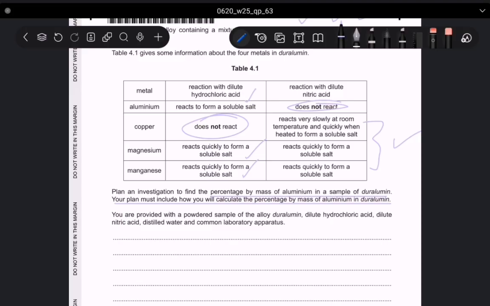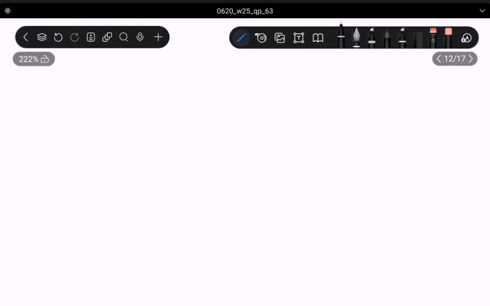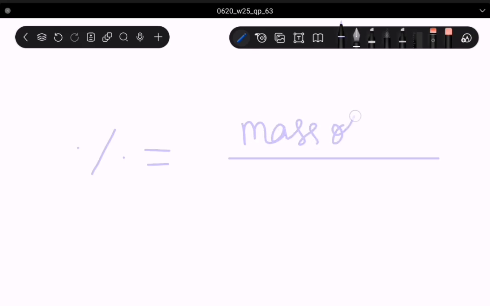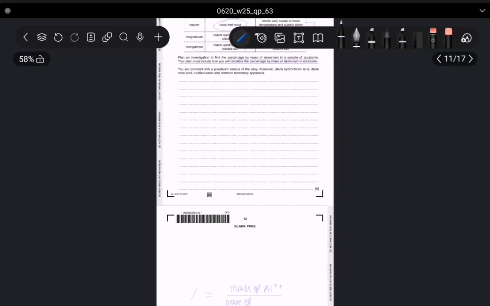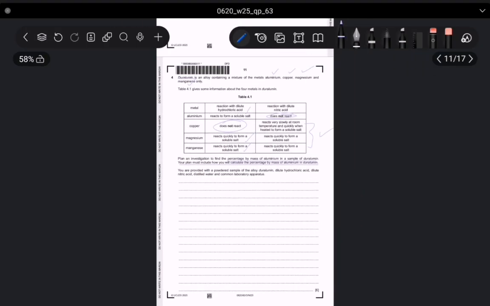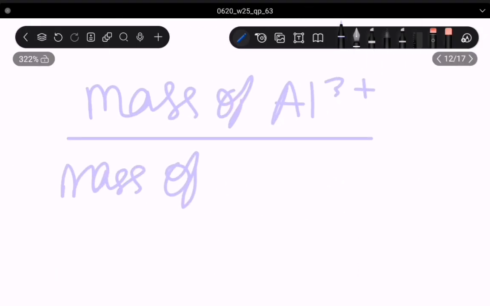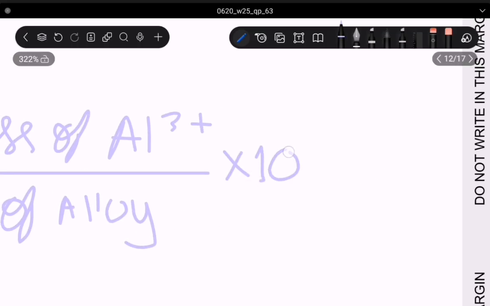After weighing it, how will you calculate the percentage by mass? Now there is a formula to calculate percentage by mass. You're going to write percentage is equal to the mass of aluminium over the mass of the alloy, times 100.